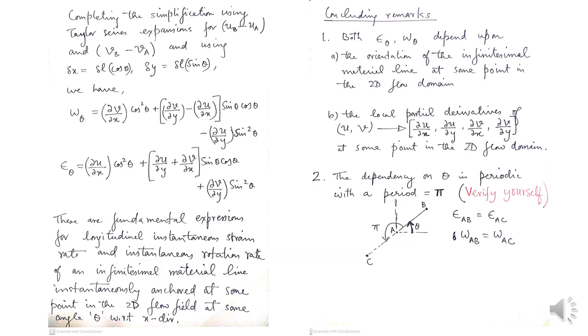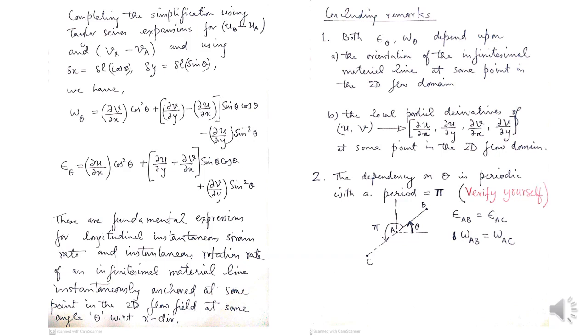Now the last thing that I need to point out from these expressions: notice the dependency on theta, cos square theta, sin square theta, sin theta cos theta. They always occur as a quadratic term. Now, once you observe this, you all know basic trigonometry.